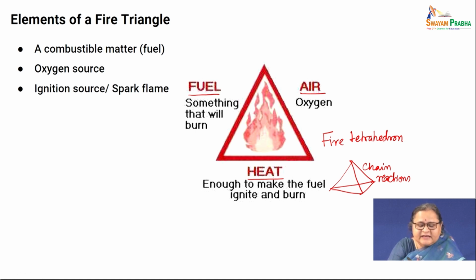The chain reactions happening during that form another layer, which helps in the process, and it is called a fire tetrahedron. So, the fourth phase refers to the chain reactions happening while the fuel is burning.